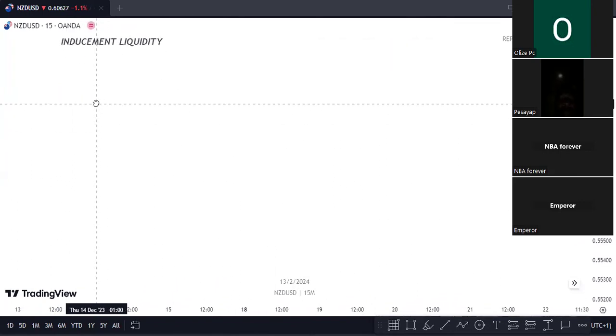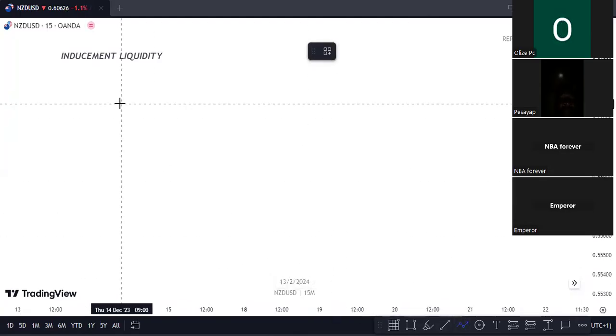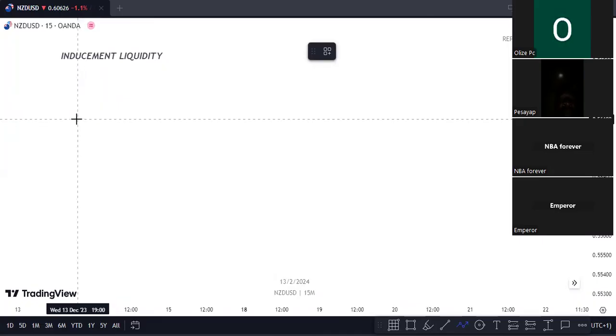I would advise you not to confuse yourself with all these names. These are just liquidities to understand our market structure.